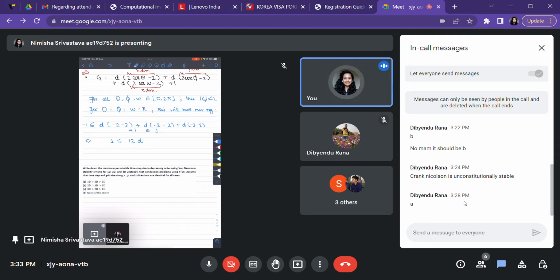Sorry, I made a mistake in opening the modulus. So the d should belong to 0 to 1 by 6.